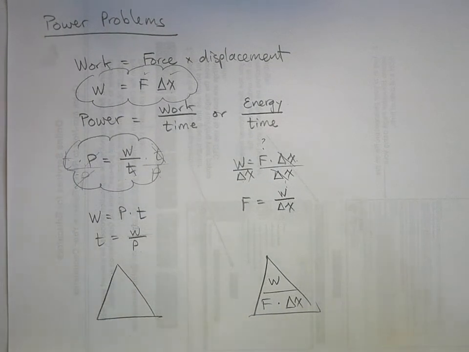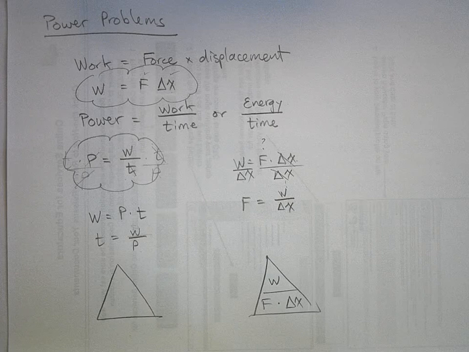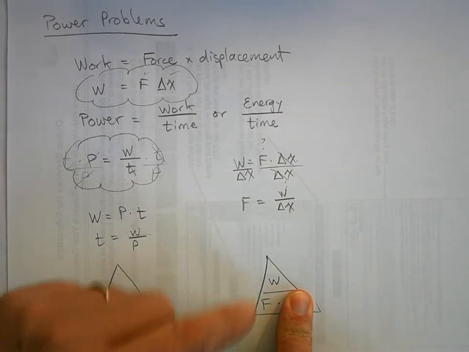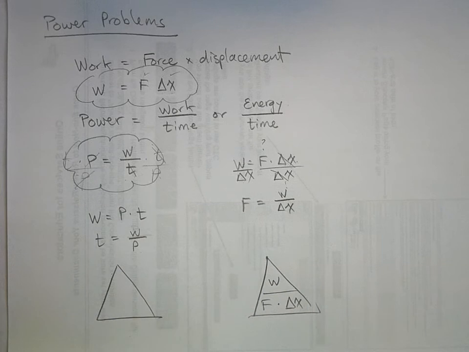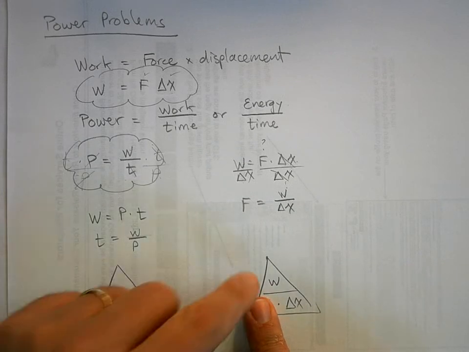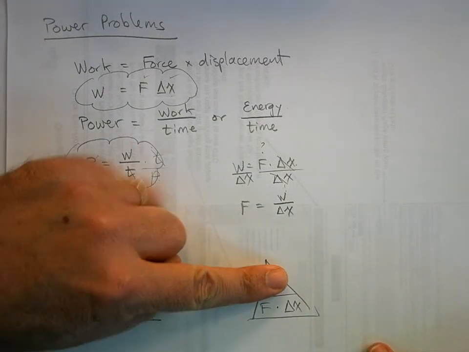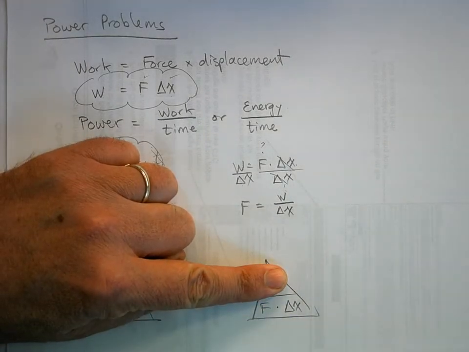And now look what you can do if, let's say, you want to find delta x. Cover up the delta x, and it's work divided by force. What if I want to find force? Cover up the force, it's work divided by displacement. What if I want to find work? Work is force times displacement.